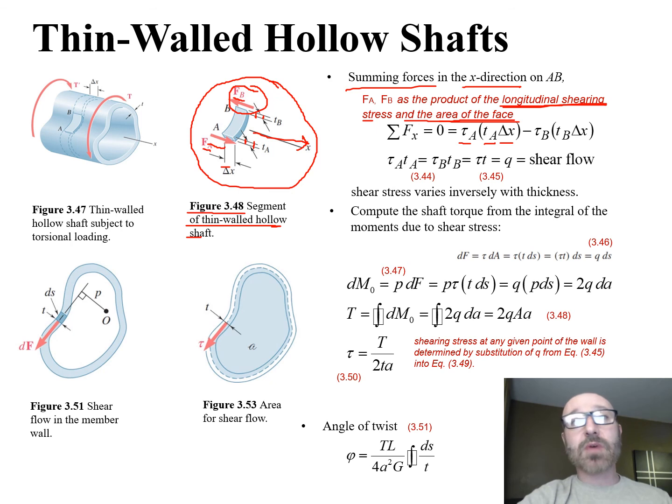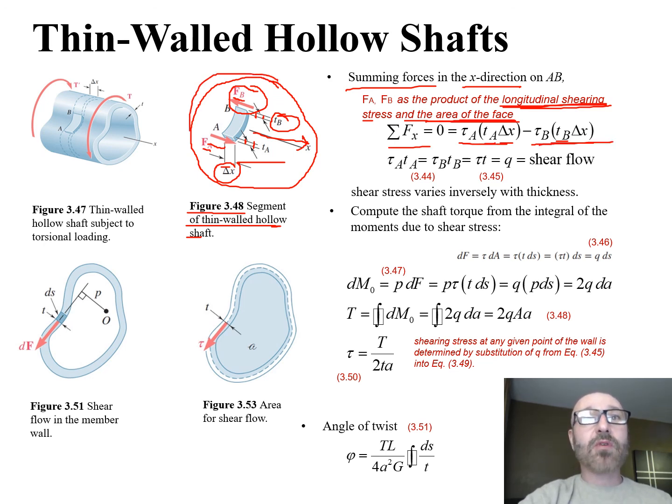Now in the negative direction, we have our FB. Our cross-sectional area of the face is our thickness t sub B times our delta X, and our longitudinal shearing stress is tau sub B. So that's our FA and our FB if we do our summation of forces from our free body diagram of this element AB.